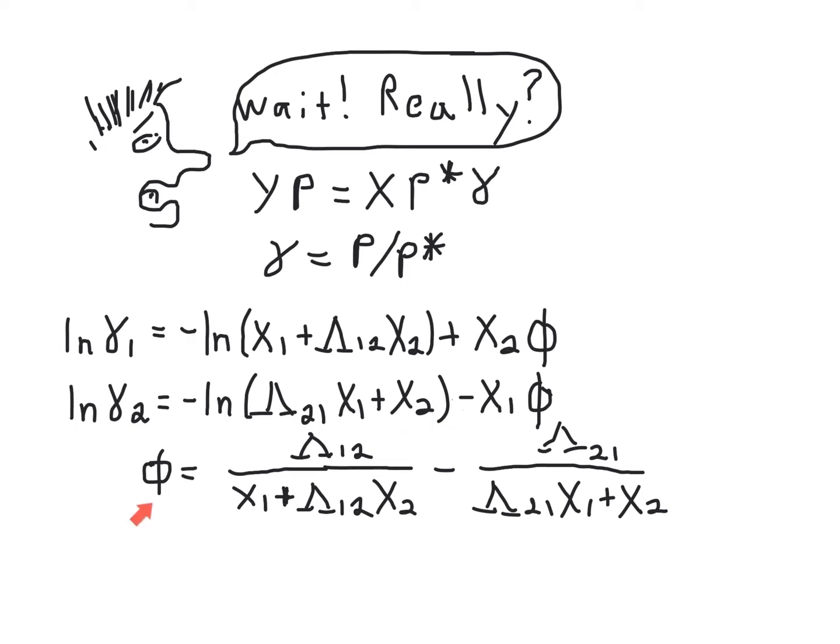And I may be the only one that writes it this way, by the way, but it's just to simplify the equation. Then this phi is this term that's common to both equations: lambda 1,2 over (x1 plus lambda 1,2 times x2) minus lambda 2,1 over (lambda 2,1 times x1 plus x2). That's the Wilson equation.